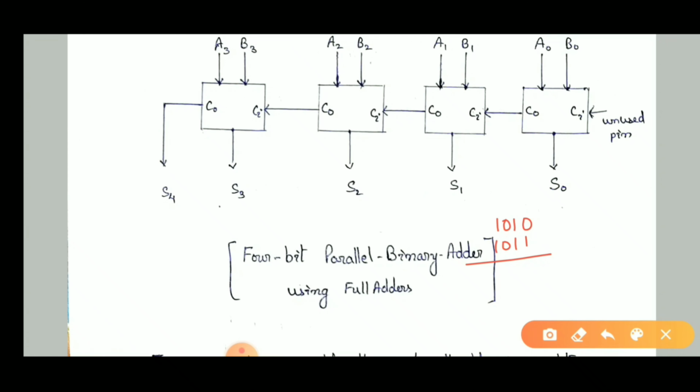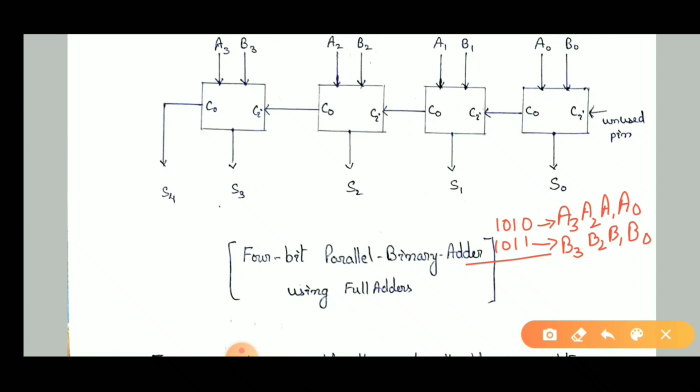Now we have to treat the first number as A3, A2, A1, A0 and the second number as B3, B2, B1, B0.